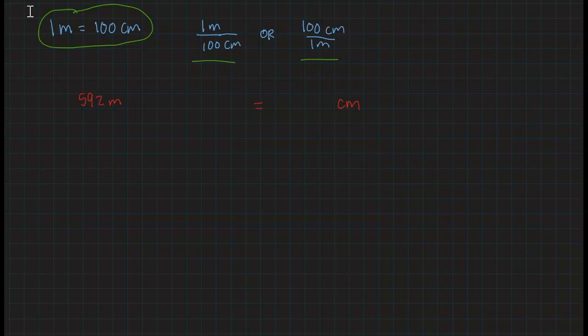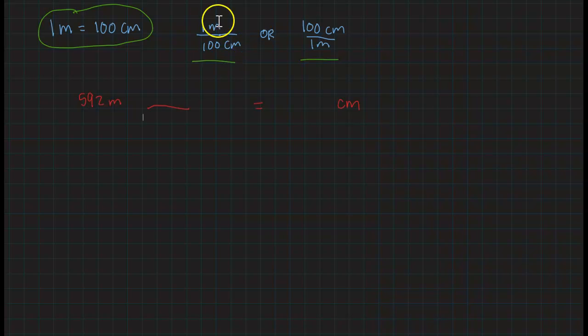So, for example, to convert meters to centimeters, we need to get rid of the unit of meters. So what we're going to do is put meters in the denominator of our conversion factors.